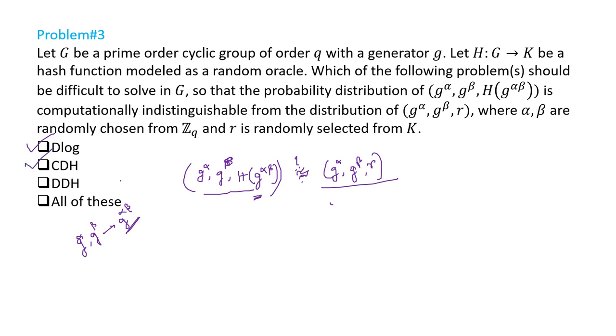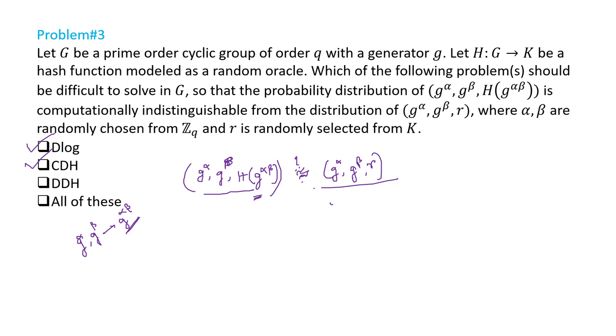What about DDH, decisional Diffie-Hellman? So if decisional Diffie-Hellman is easy in a group, does that help here to distinguish between these two distributions? Yes, how?